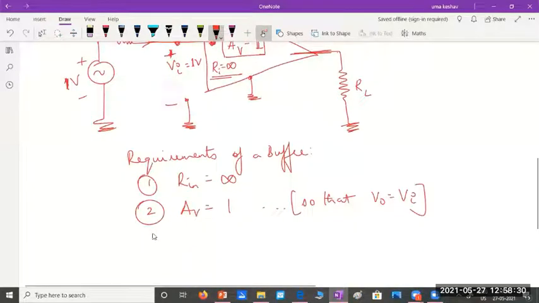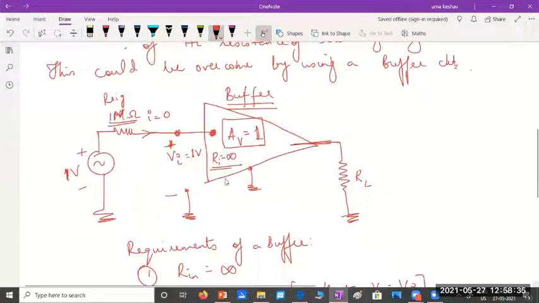And the third requirement is, remember, since this circuit is an amplifier which has a voltage gain of 1 and an input impedance, remember every amplifier will have some output impedance also. So there will be some output impedance in an amplifier.